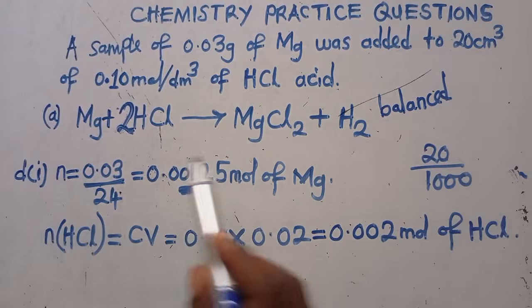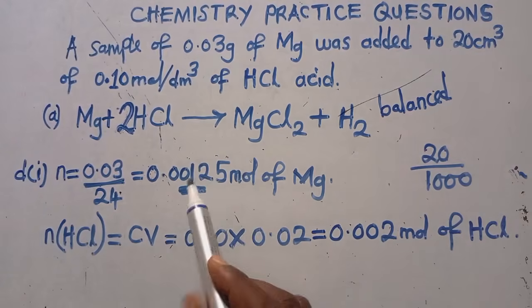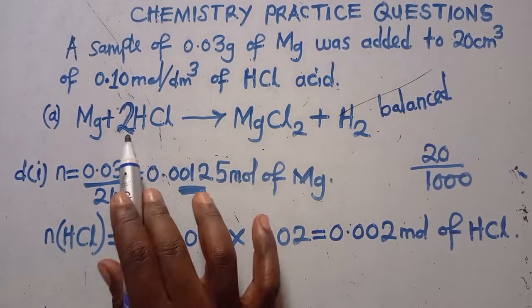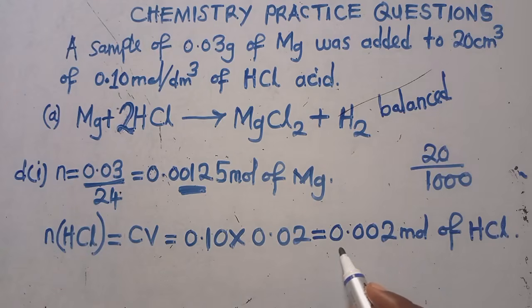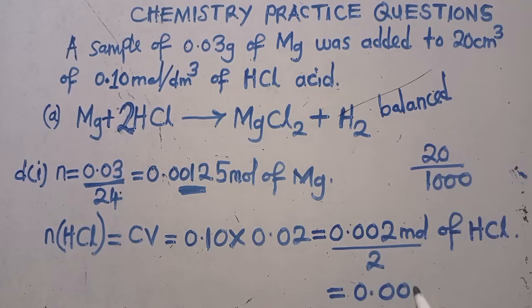So if we divide by 1 here, we still maintain this. But here, there is a 2 in the balanced equation, so we divide by 2. Once we divide 0.002 by 2, the answer I'm getting is 0.001.